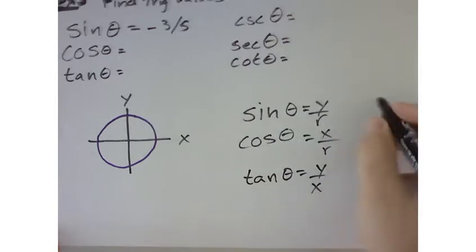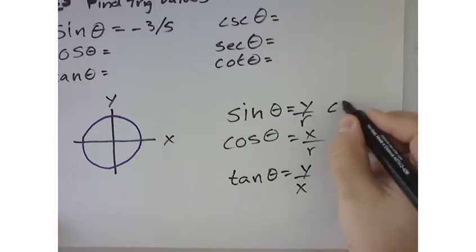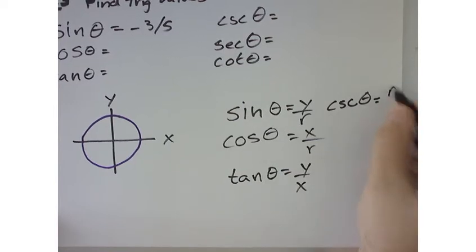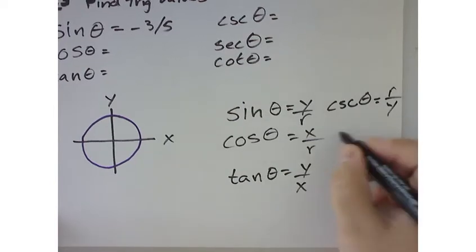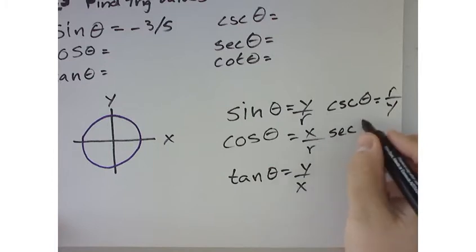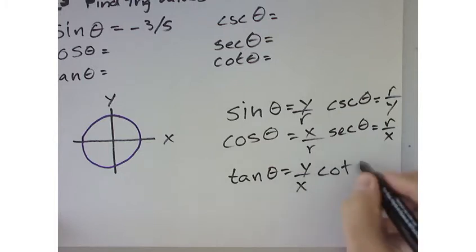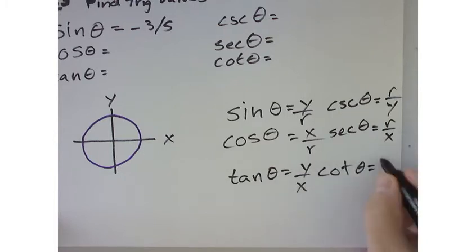And then the reciprocals: cosecant of theta was equal to, you just flip them, r over y. Secant is the reciprocal of cosine, so instead of x over r, it's just r over x. And then cotangent of theta is just x over y.